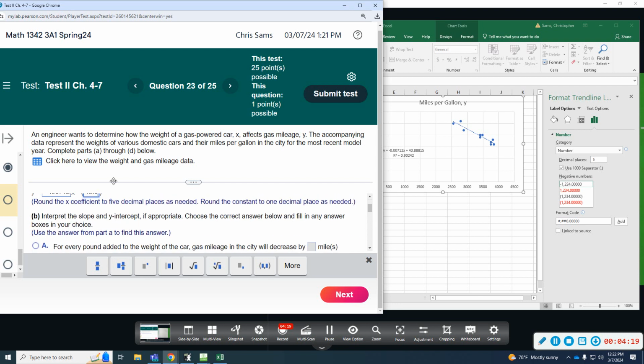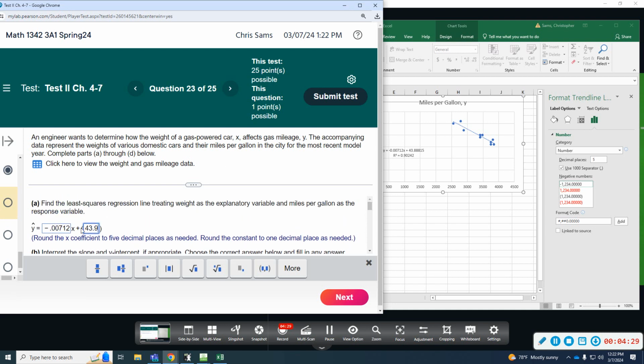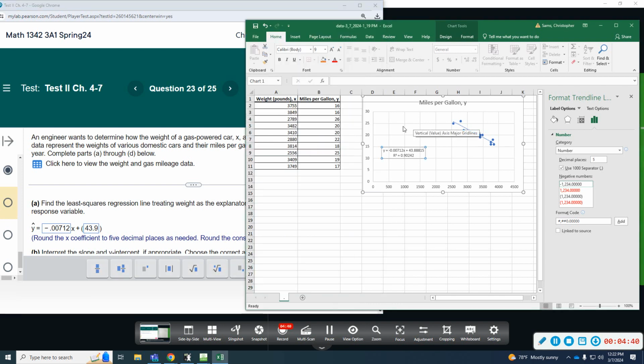Interpret the slope. So we are looking at weight of a car and the gas mileage. So X is the weight. So as the weight decreases by, what are we counting? Is this in pounds?